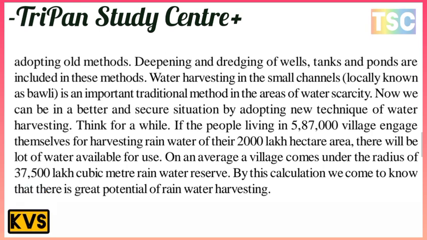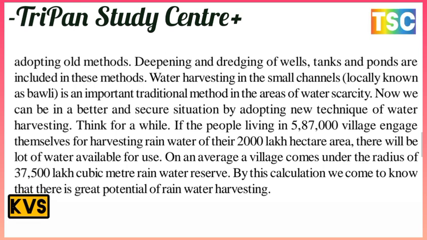Water harvesting through small channels, locally known as valleys, is an important traditional method in areas of water scarcity. Now we can be in a better and more secure situation by adopting new techniques of water harvesting.